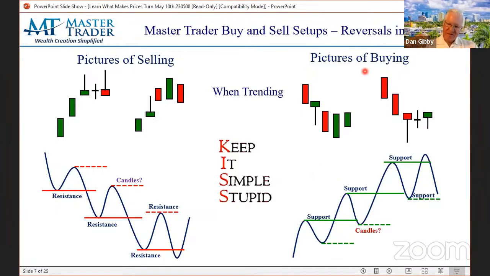So in today's session, what does pictures of buying mean? What's the significance of that in today's topic? Answer: it's the turn. It's the turn that is triggering the buy setup.